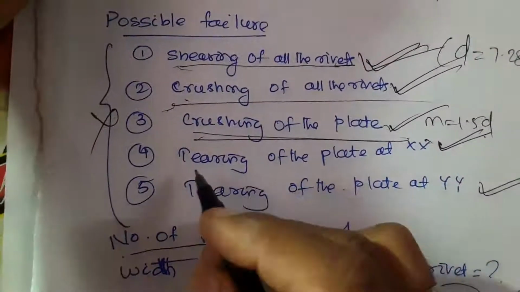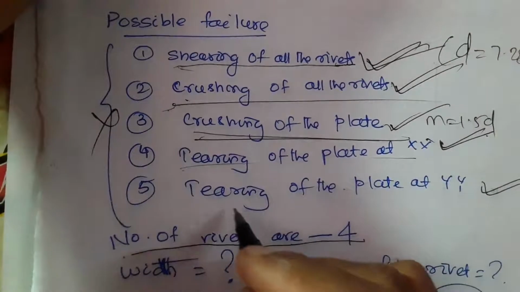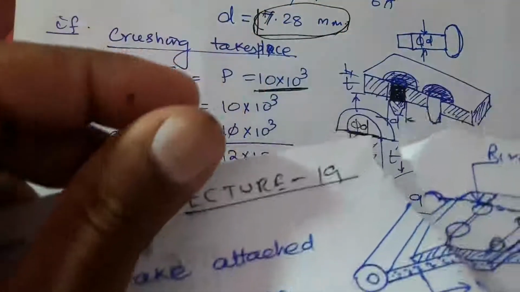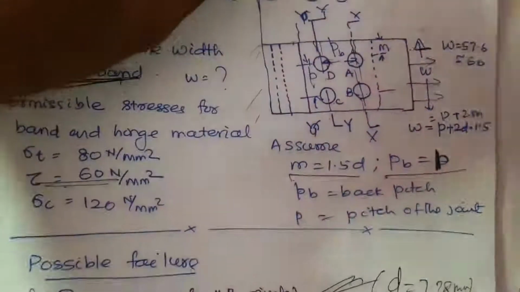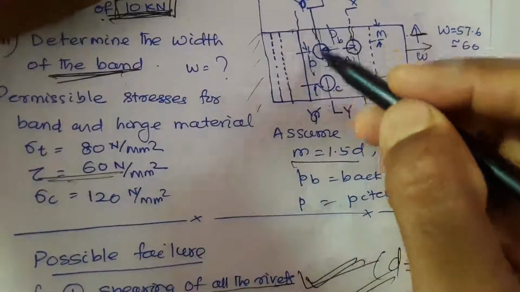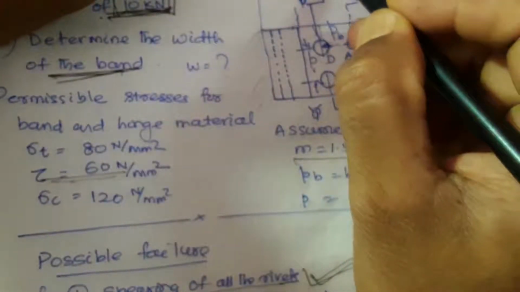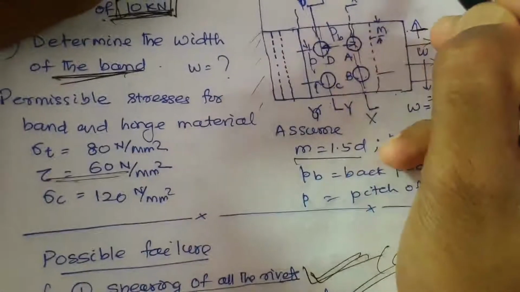Now the other possible failure is that the plate may fail at XX, or the plate may fail at YY, that is in tearing. Tearing means it will be tearing like this. There are two locations. If it fails at the XX location, this part will be completely separated.